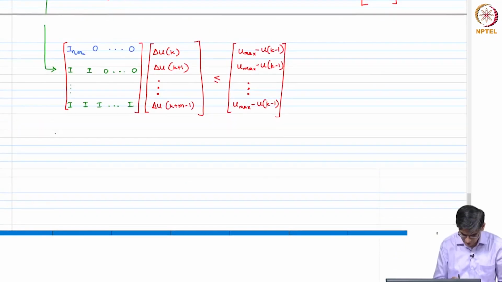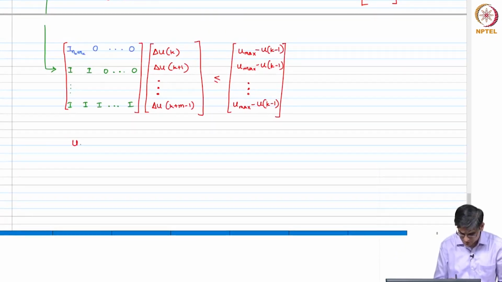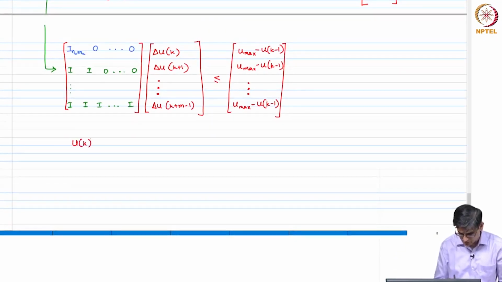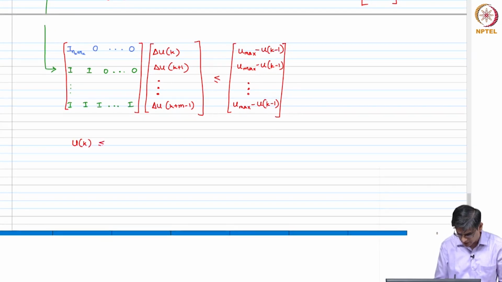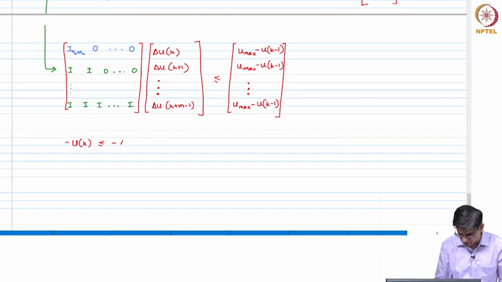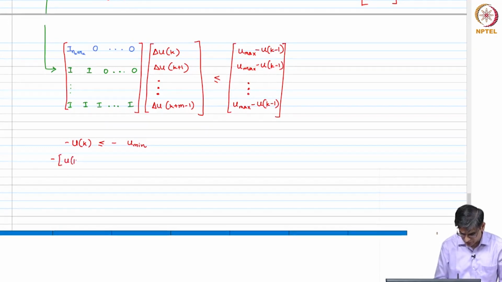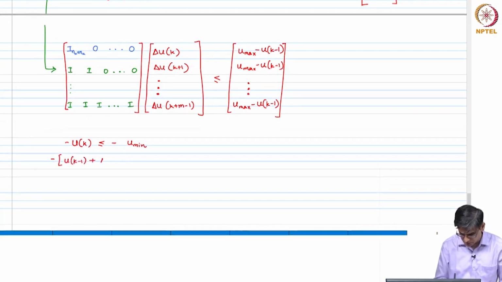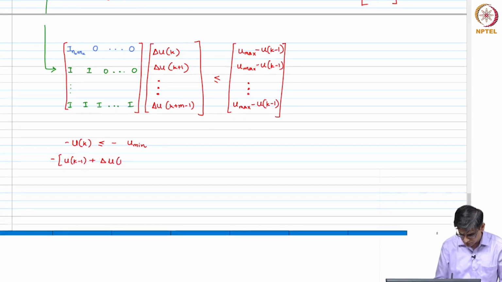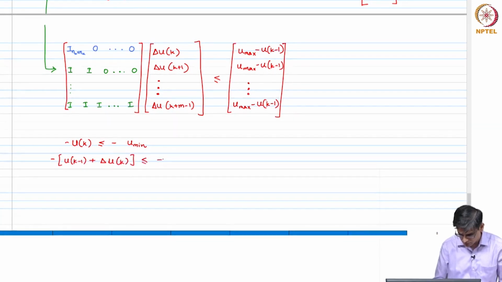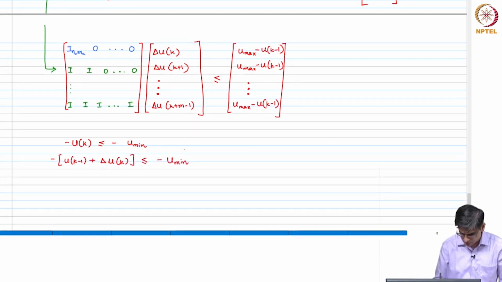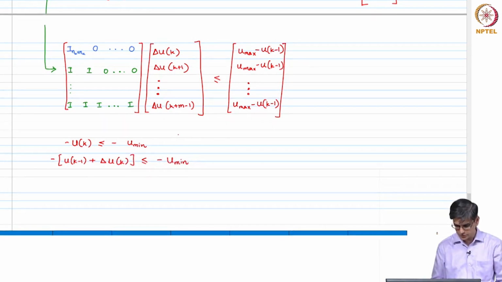Last set of constraints is going to be uk, or minus uk, less than or equal to delta u min, which is negative of uk minus 1 plus delta.